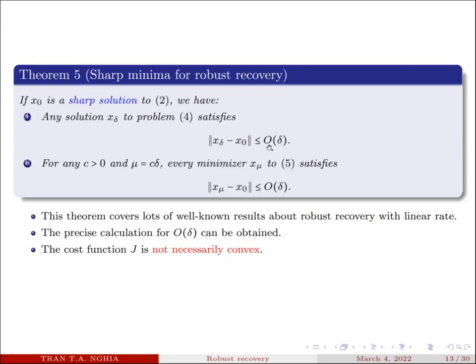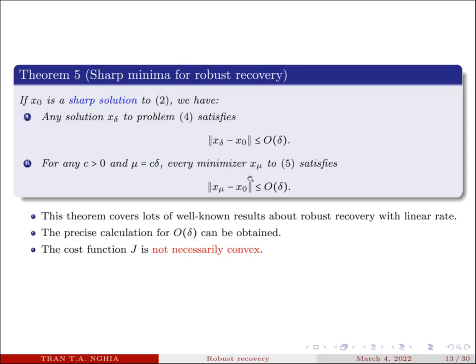In this talk, I only write big O, but in the paper, we do establish a precise formula for the big O right here, with full computation. The theorem looks very simple, but it covers so many results in this area, and most results we know about linear rate for robust recovery.